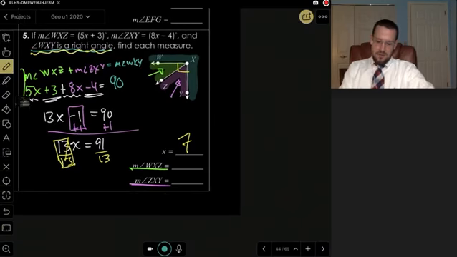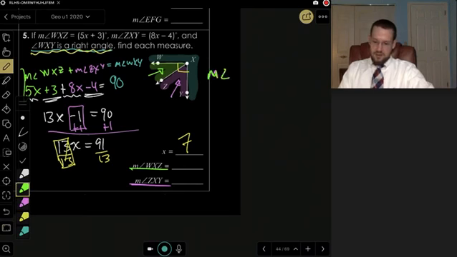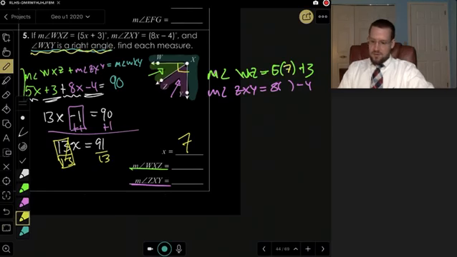So we know that our green angle, the measure of angle WXZ, is equal to 5 times some number plus 3. And our pink angle, the measure of ZXY, is 8 times some number minus 4, and we found our number to be 7.